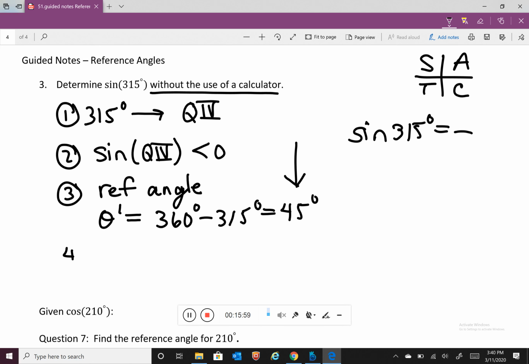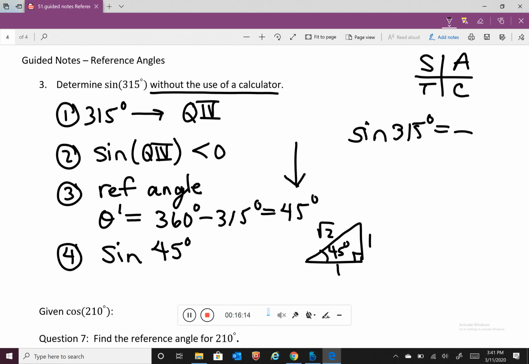So next we want to recall, well, what is sine of 45 degrees? And so if we go back to our special triangle, this has a ratio of 1, 1, radical 2. So this is equal to 1 over radical 2, but rationalized, that is radical 2 over 2.